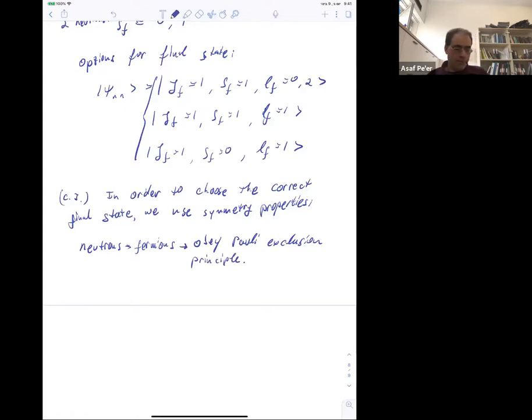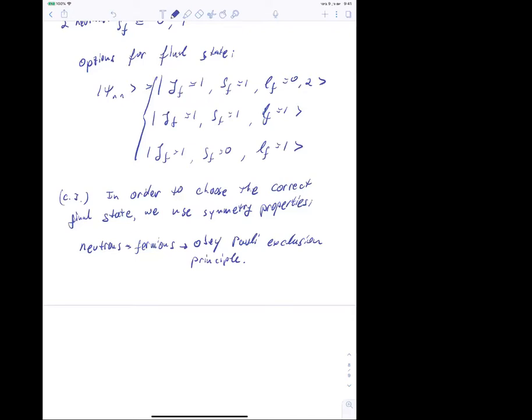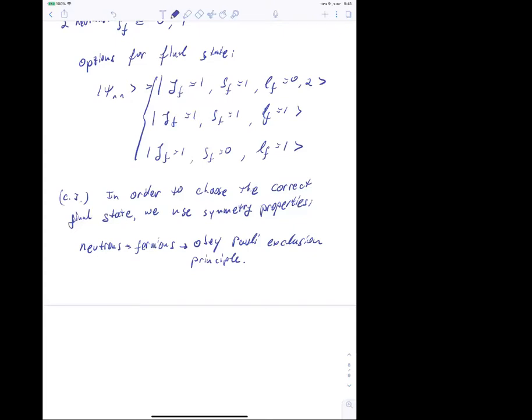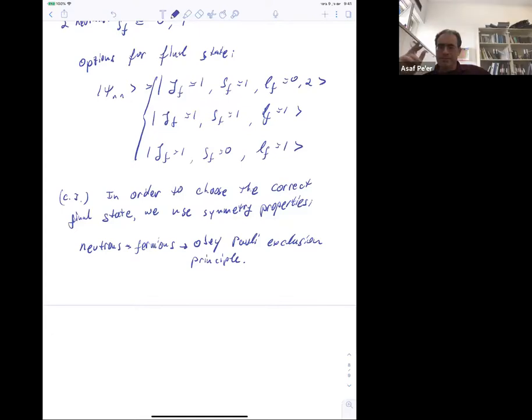Which means that this total wave function, psi of the two neutron system, what do we know about it, if the particles obey the Pauli exclusion principle? It is anti-symmetric, right?